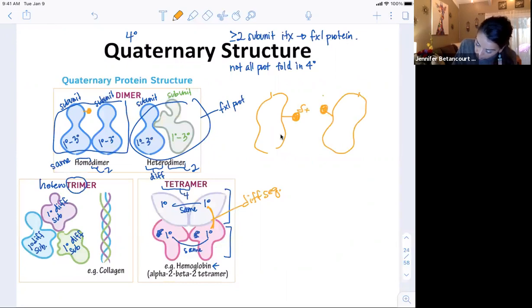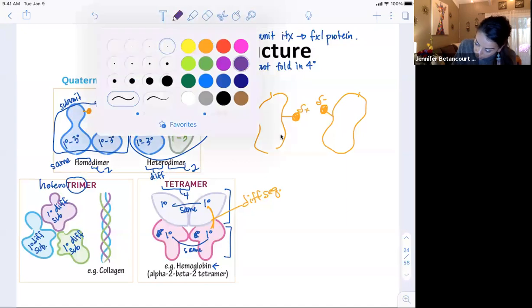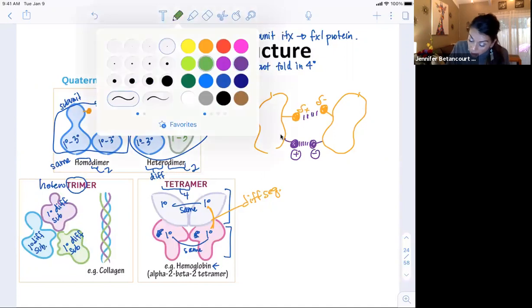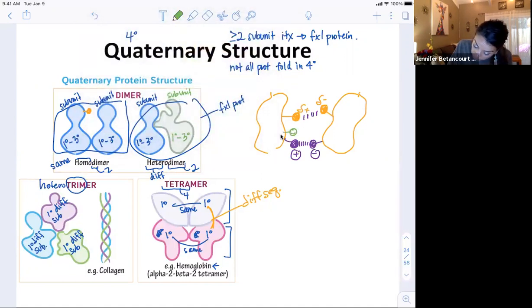This one has a partial negative. These ones definitely can interact with one another, right? That's the definition. But electrostatic interactions can also occur. So you have a positively charged one, a negatively charged one. This can be an electrostatic interaction. Not only that, but what about if you had cysteine with a little SH and another cysteine with a little SH?